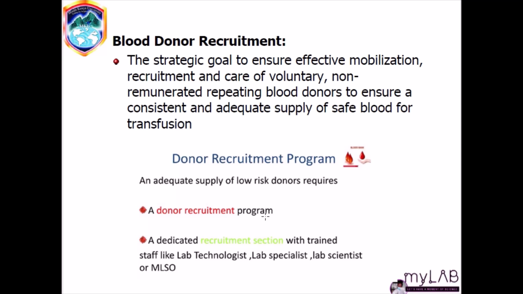We have to have enough supply of blood by recruiting voluntary donors. And of course, we have to have a dedicated recruitment section that has trained staff, laboratory technologists, laboratory specialists, or laboratory scientists.